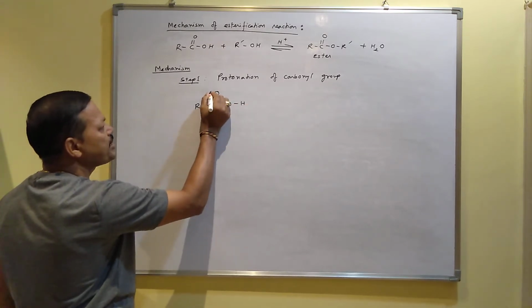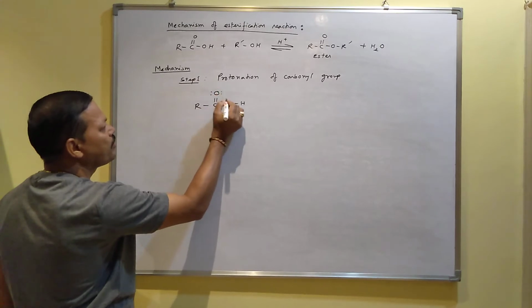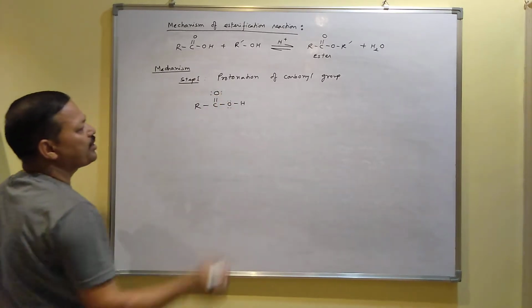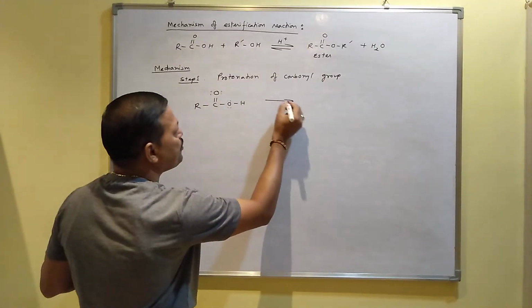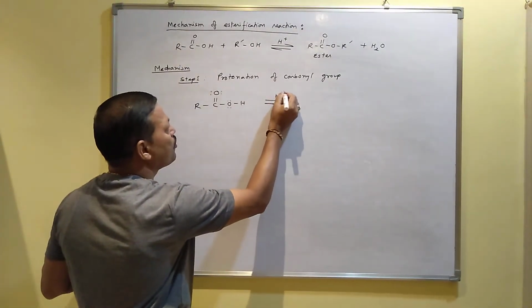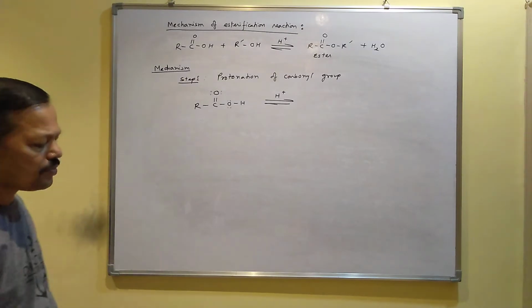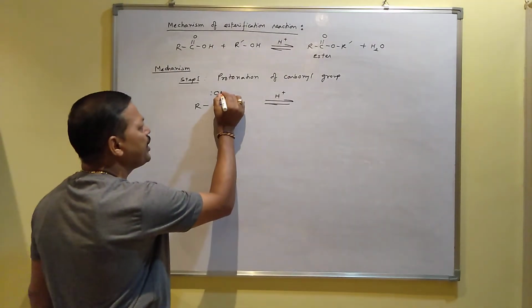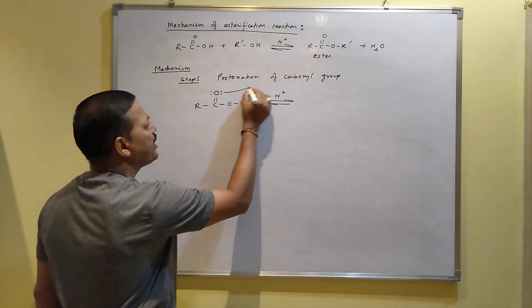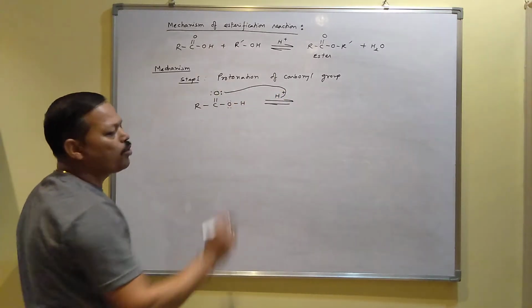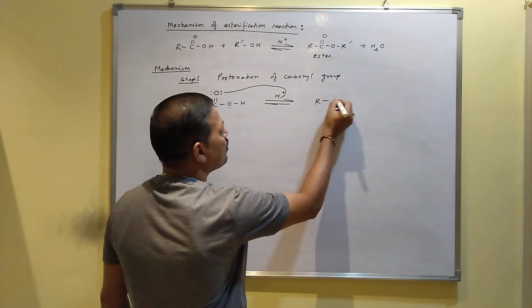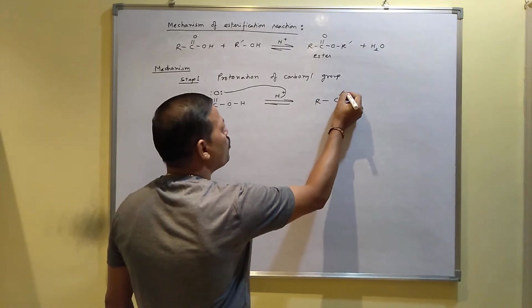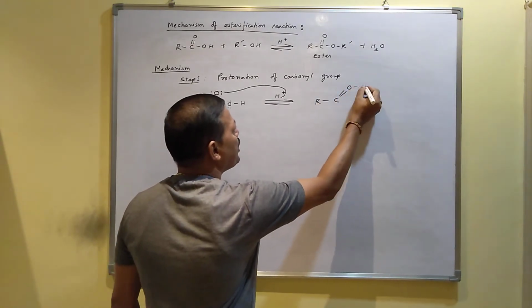As you know, oxygen always carries two lone pairs of electrons, and due to presence of the lone pair of electrons, the carbonyl group oxygen will take one H plus ion from the acid. This lone pair of electrons will take the H plus ion and it will form a bond with oxygen. After this, the C double bond O combines with hydrogen.